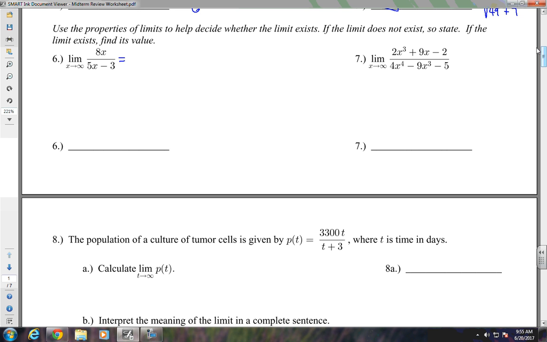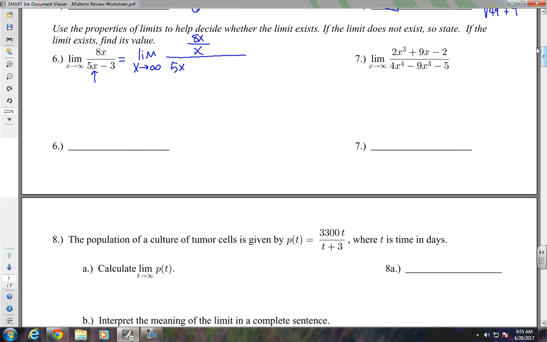The way to calculate a limit at infinity every single time that will work is to divide every term in the numerator and the denominator by the highest power of x in the denominator. So notice in this case, the highest power of x in the denominator is x to the power of 1. So I'm going to divide every term in this limit by x.